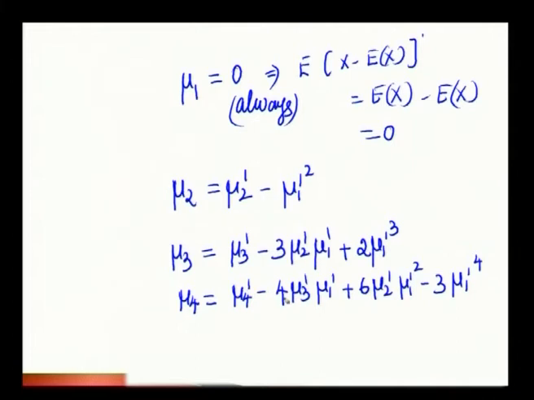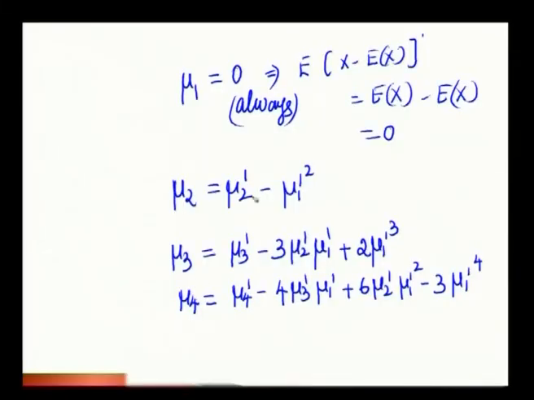Similarly, mu 4 dash is 4 here, 3 plus 1 is 4, 2 into mu 1 dash written 2 times, 2 plus 1 plus 1 gives you 4, mu 1 dash power 4 written 4 times, 1 plus 1 plus 1 plus 1 equal to 4. These are the formulae relating central moments with the raw moments.